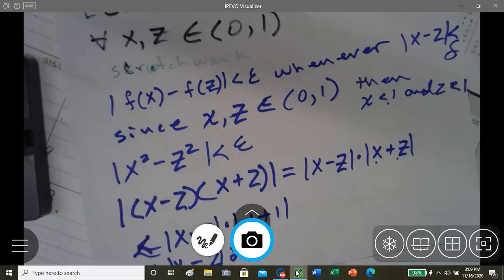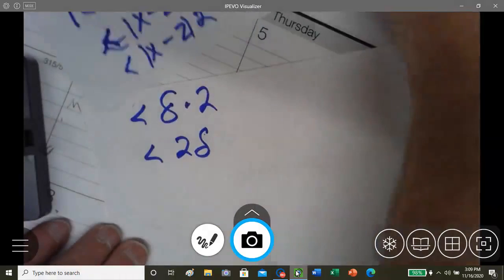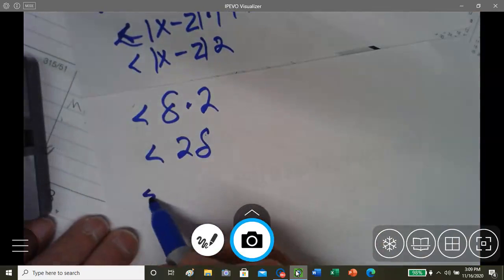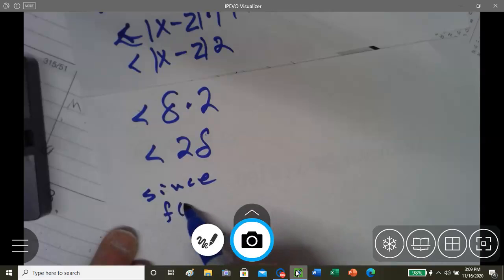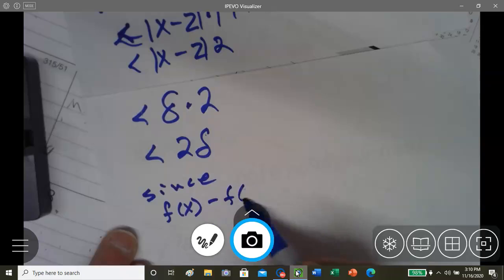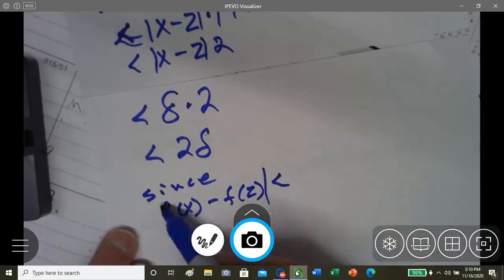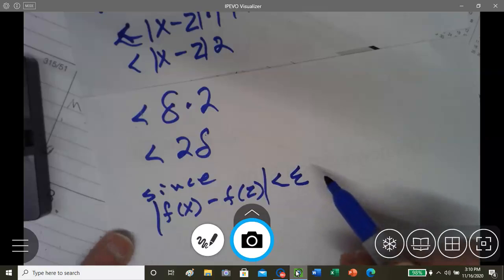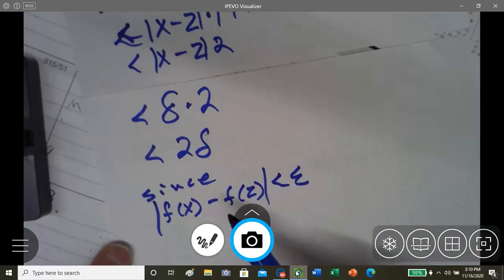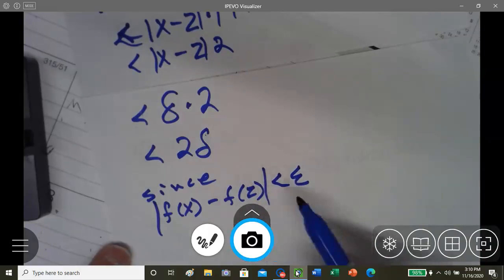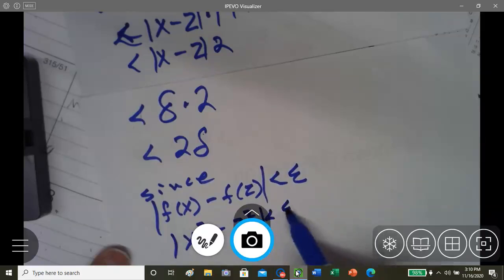And since the absolute value of f of x minus f of z is less than epsilon, then we can say that x squared minus z squared is also less than epsilon.